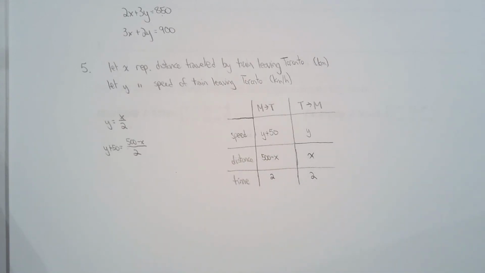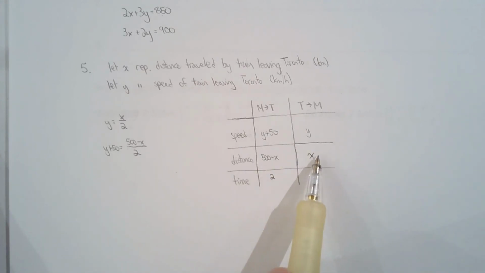There are actually different ways to do this question, but the trick is you have to read the question. Whatever the question is, you want to assign the variable there. So the question is, at what distance away from Toronto do the trains pass each other? At what distance away from Toronto?